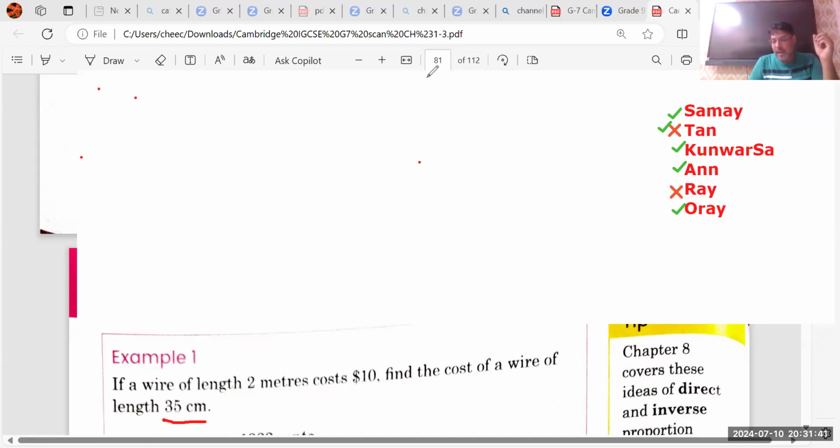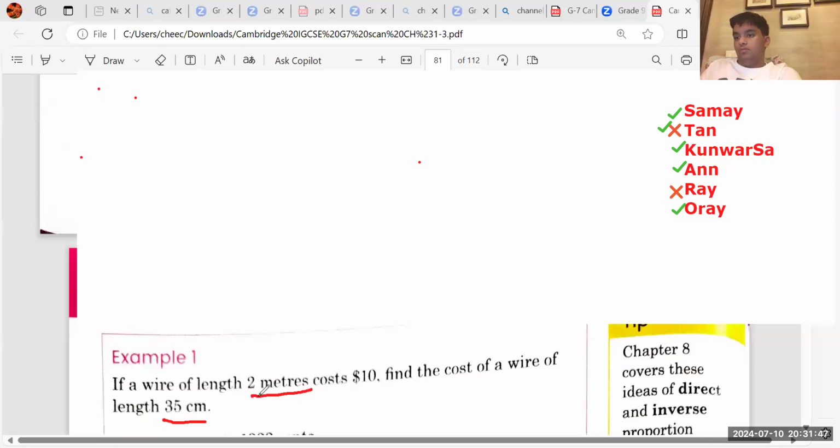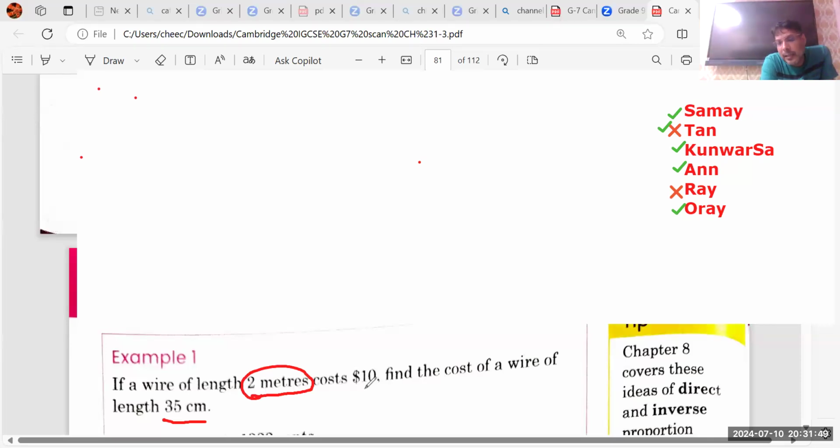Yeah. So guys, if you notice one thing, keep your camera on. If the length of the wire is increasing, my cost will increase. If the length of wire decreases, my cost will decrease. So if one thing increases, second also increases. This is called a case of direct variation. What is it called? Direct variation.